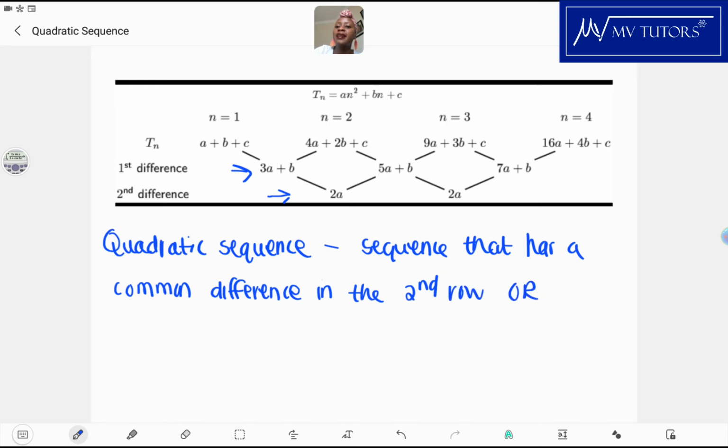Or you could say it has a second common difference.